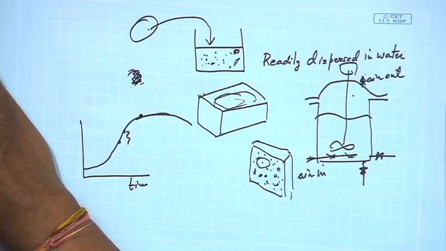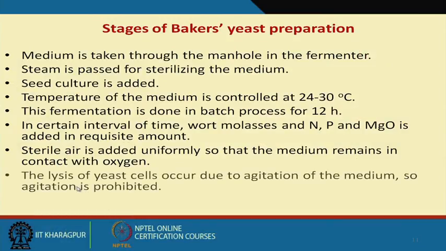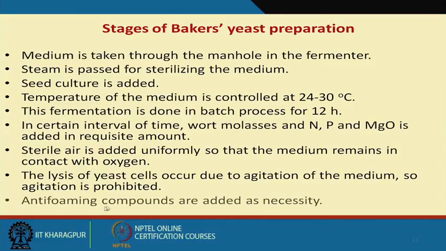Sterile air is added uniformly so that the media remains in contact with oxygen. The lysis of the cell can occur due to the agitation of the media, so we try to control the agitation speed. The positive thing is that the yeast cell has a very thick cell wall.